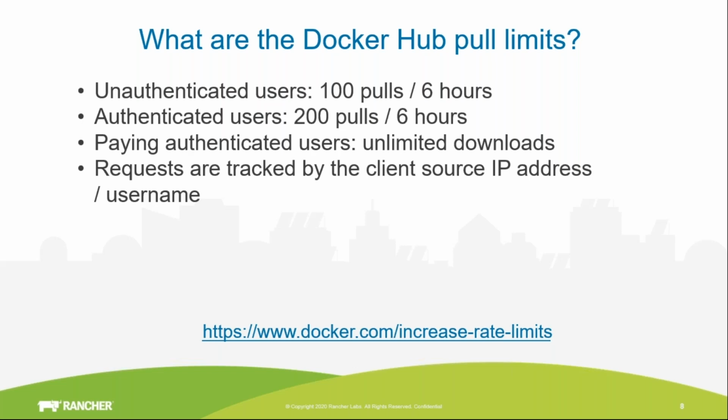If you are paying for Docker Hub, you're unlimited, so a lot of these rules simply don't apply to you at that point. And the other big thing to remember is Docker Hub does everything by IP address or username. So especially in on-prem environments, and we'll go into this a little bit later, you probably need to be listening to this. So we can go to the next slide.